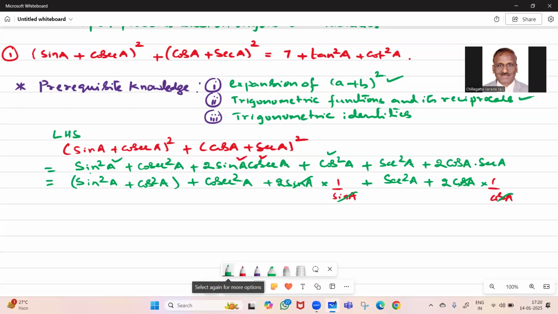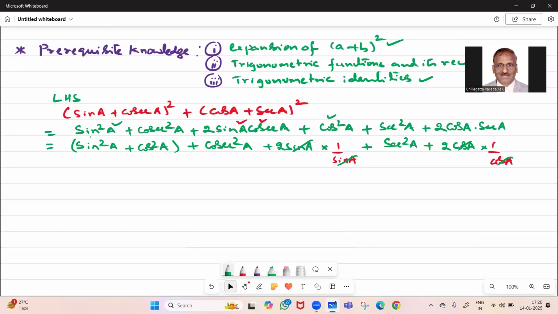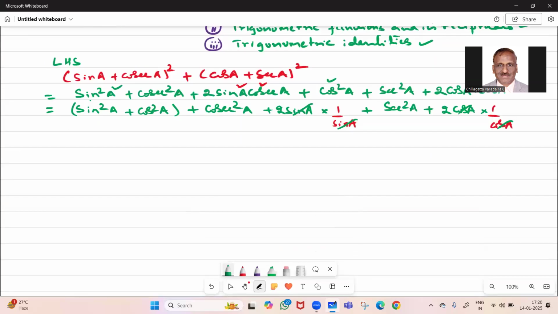Next we are going to use the trigonometric identities. What are the trigonometric identities you are observing in this particular calculation? Sin square A + cos square A, already you know, this can be replaced by 1.